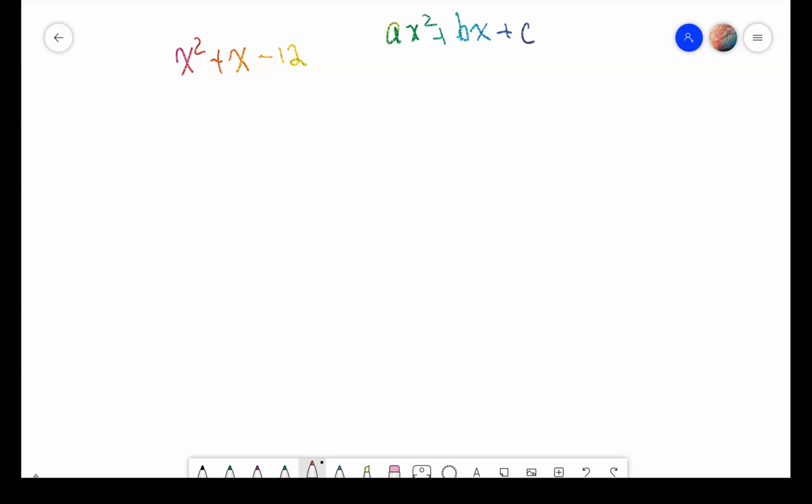Alright, so our a is this imaginary 1. Our b is another imaginary 1. And then our c, oops.